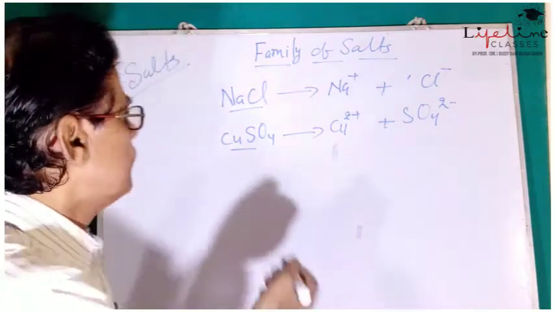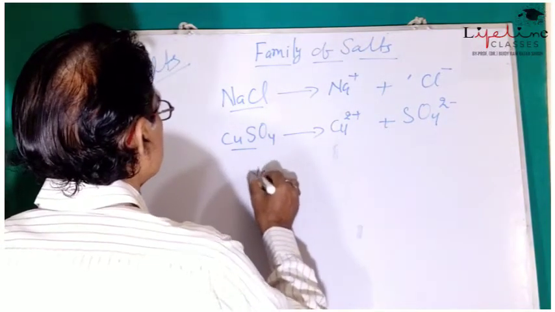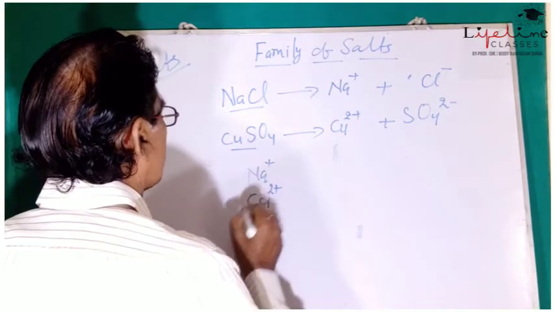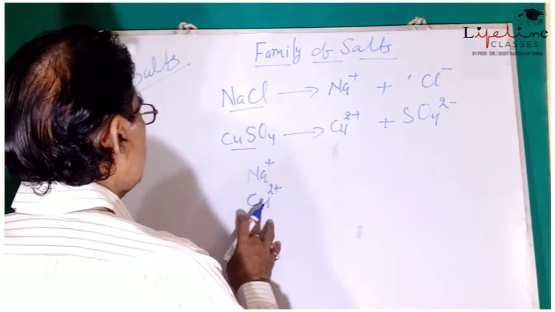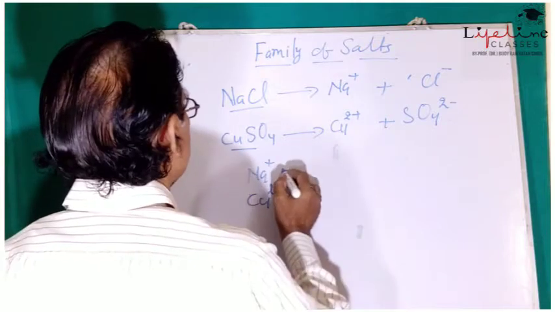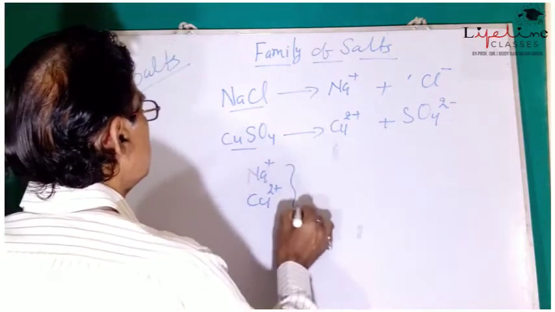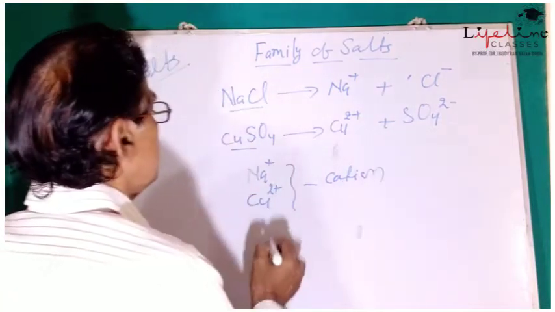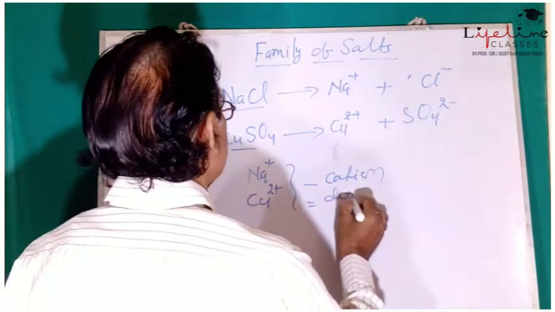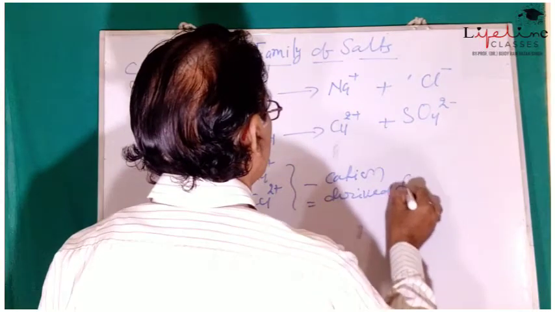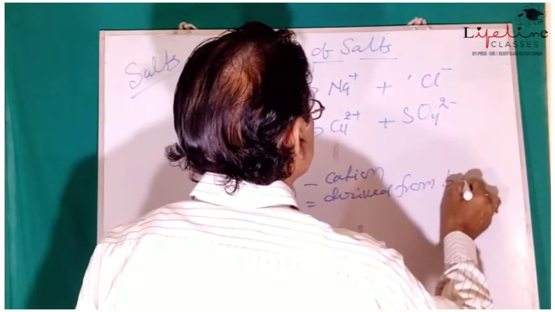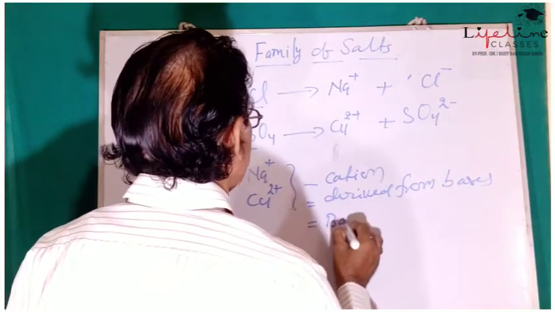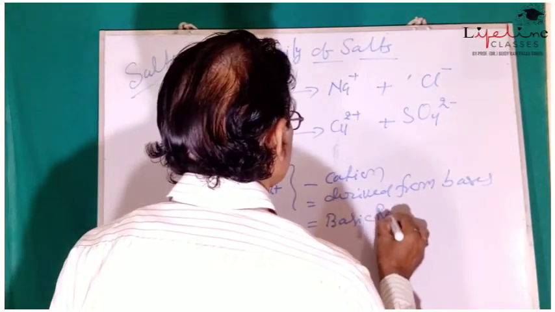See here, Na+ and Cu2+, that is, sodium ion and copper ion, are cations. They are derived from bases. That is why they are called basic radicals.